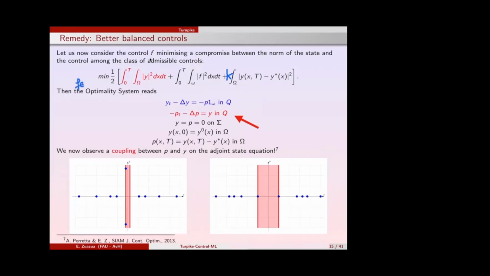It's just minimize with respect to L2 in a small omega cross 0T, this functional, but now I have three criteria that I combine, right? One is distance to the target. That's perfect because this was the objective. Size of the control. This is natural because I don't want to consume too much energy in my control process. But here is the addition, right? So this is new, that I add also the penalization of the trajectory.